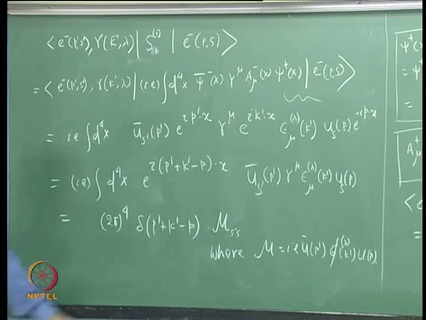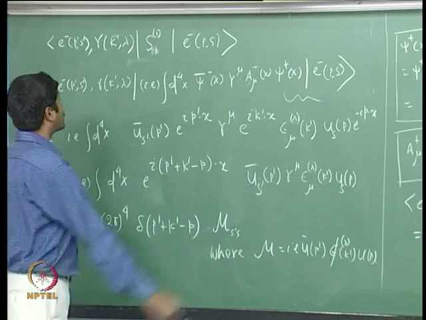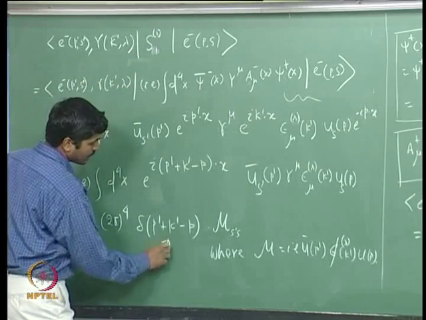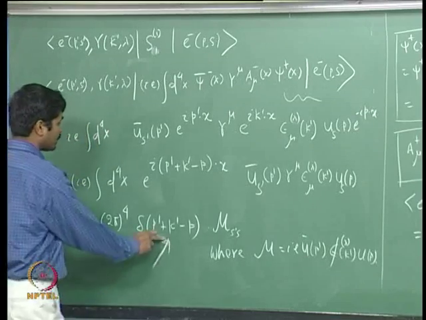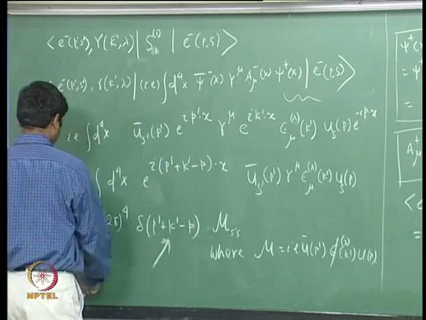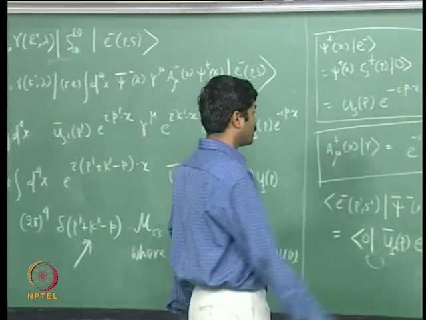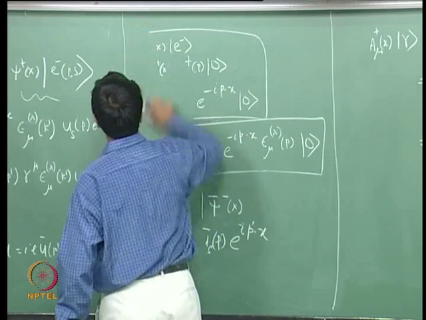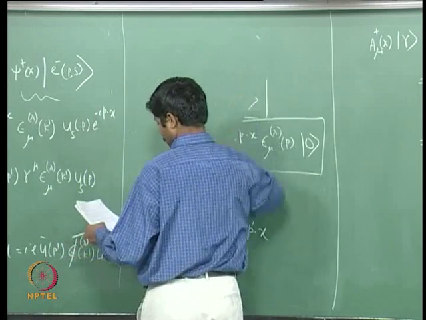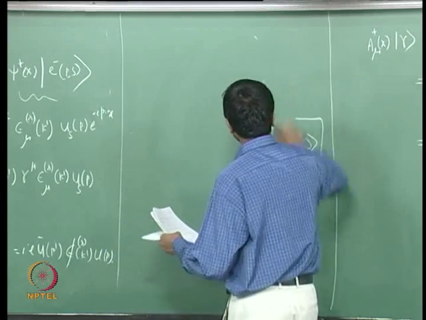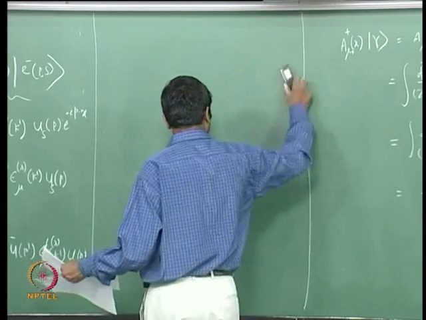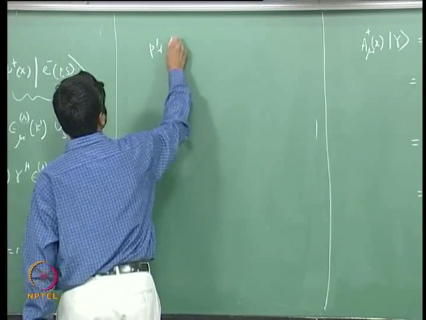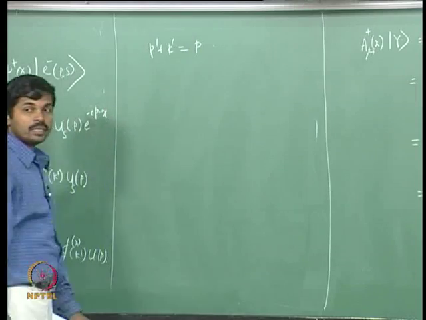Okay. So this is what I get for this amplitude, but now we will see, because this delta function is there, whether it can actually be satisfied for this process. So this is what is imposed by the delta function. p prime plus k prime should actually be equal to p.